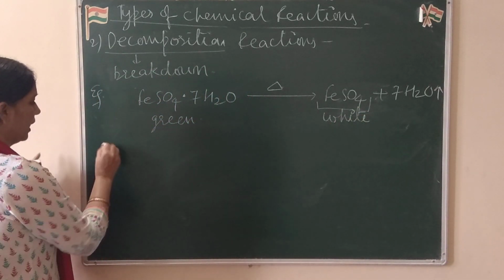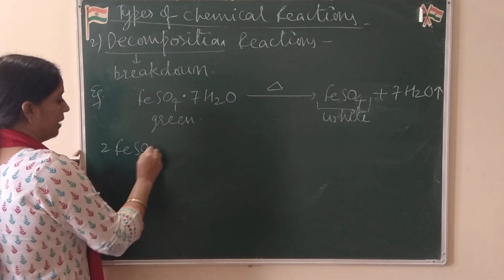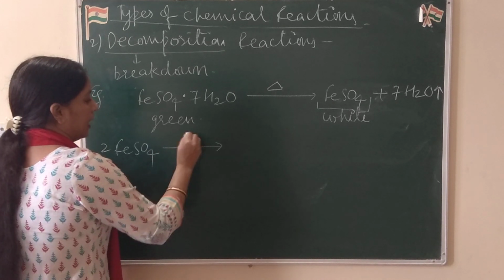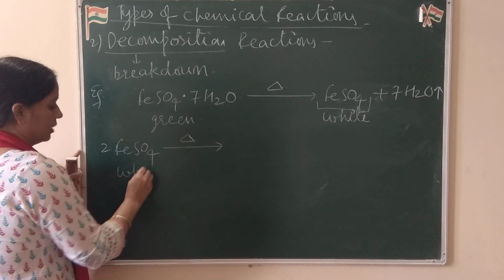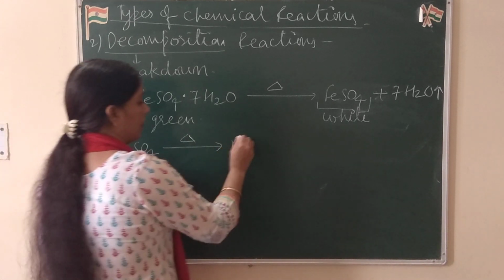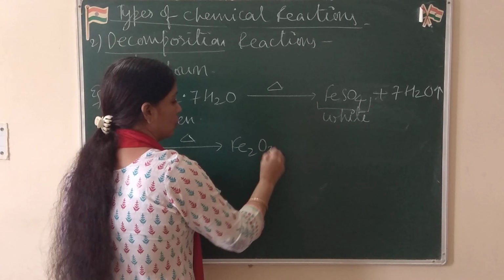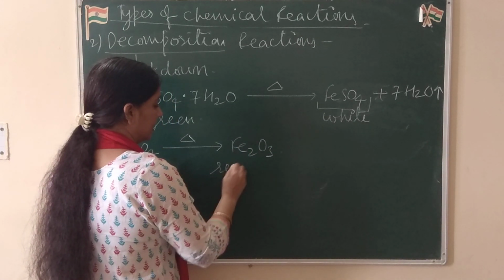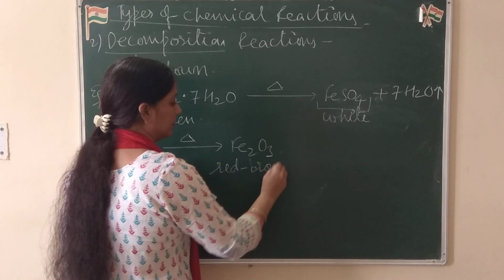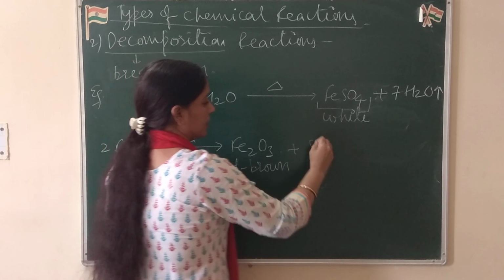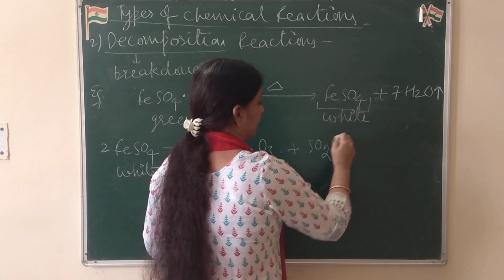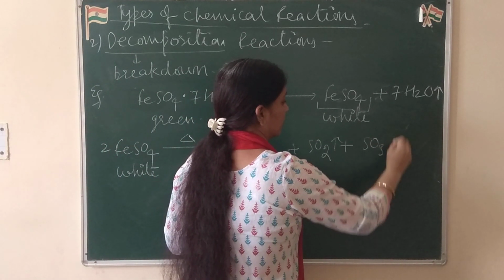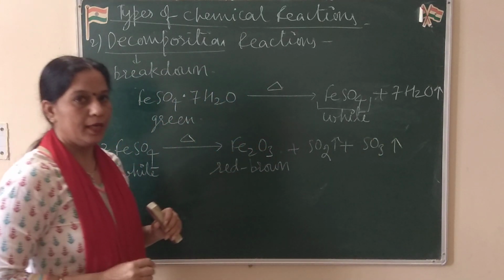If we continue heating this white substance FeSO4, it will form Fe2O3 ferric oxide, that is red brown substance, plus sulfur dioxide plus sulfur trioxide. Two gases are released.